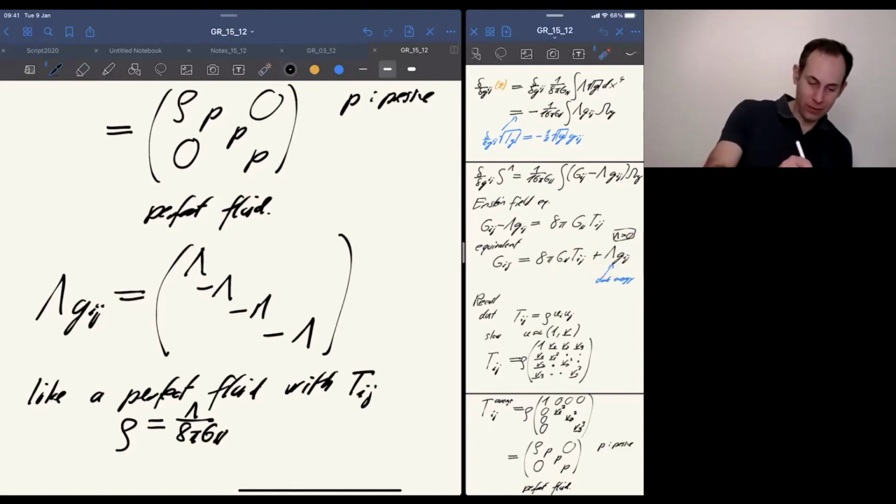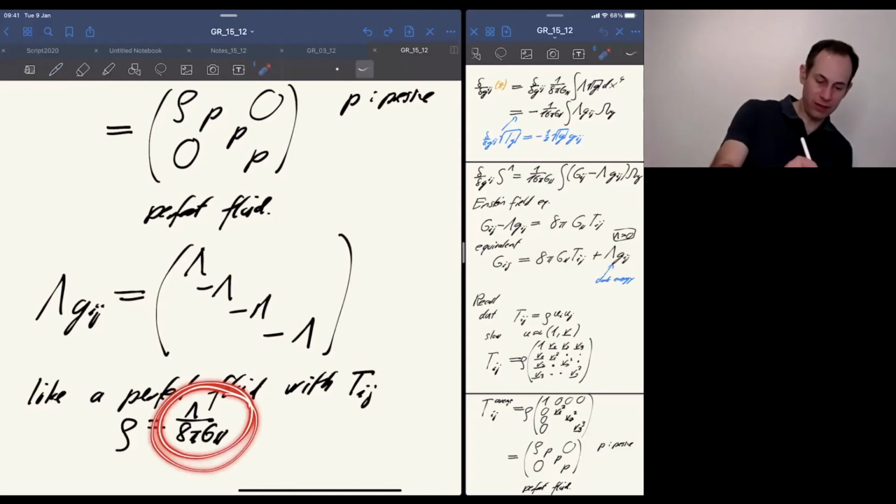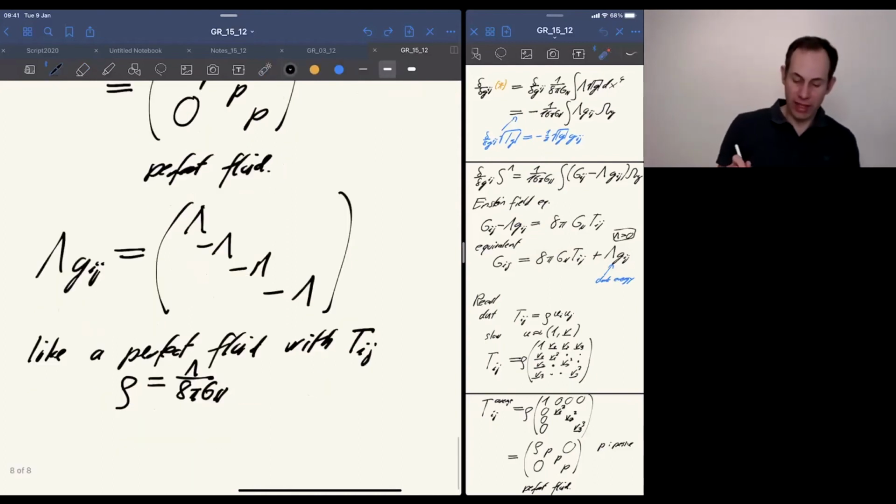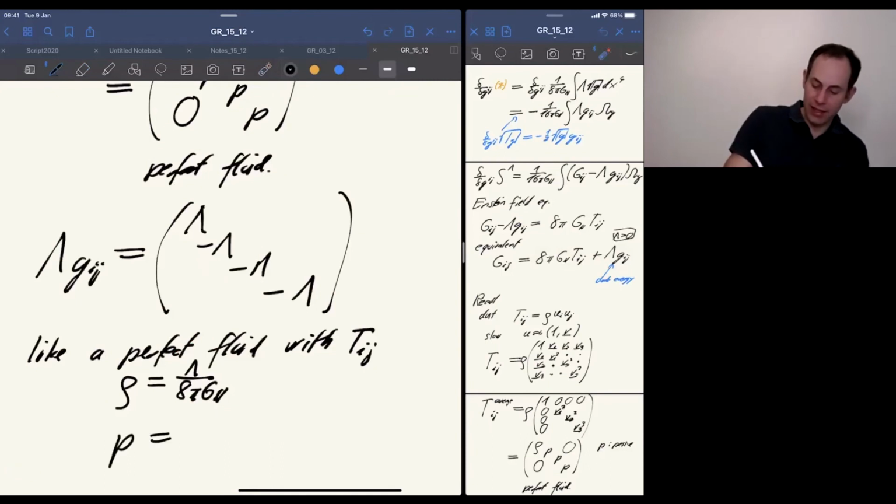So I would better include the prefactors here so that if I multiply them again, if I see them as a tensor, they cancel. That's why I put this prefactor in the equation that I'm going to write down. So the rho is lambda over 8 pi G_N.